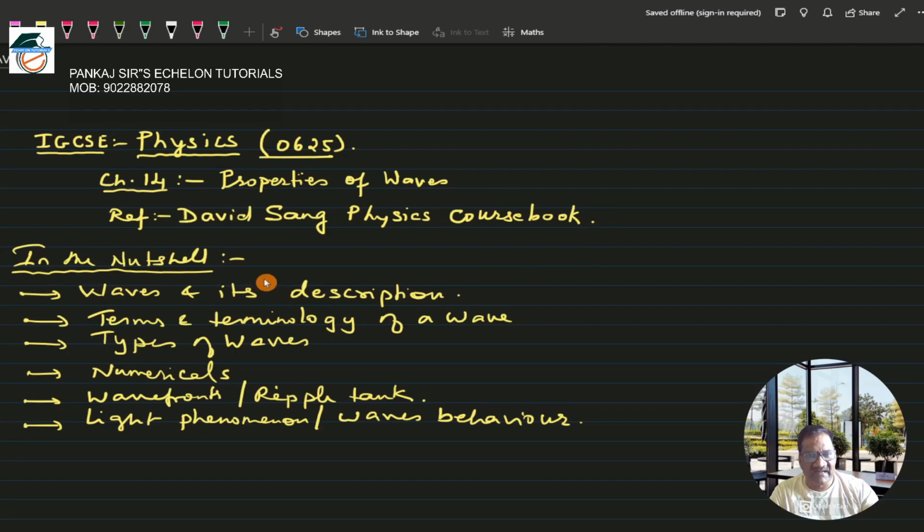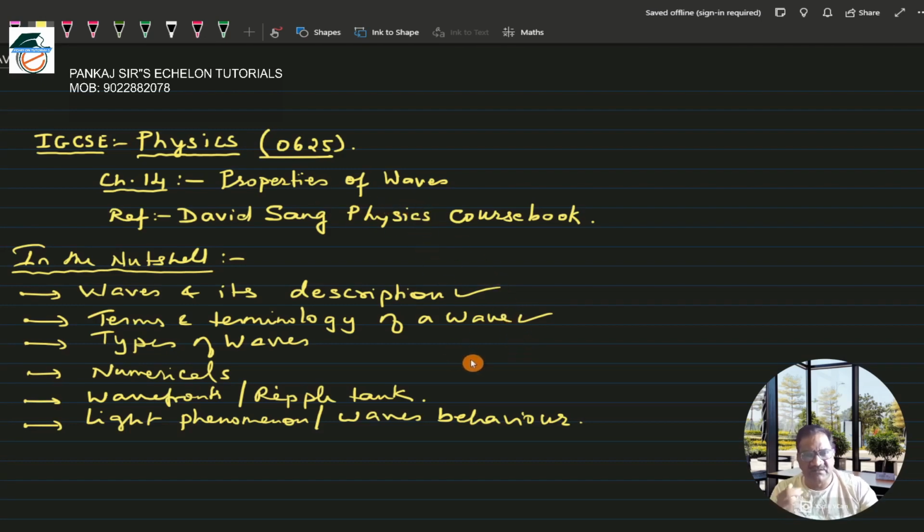In a nutshell, these were the points which I had discussed last time. Out of these points, the wave and its description, and the terms and terminology of the wave, I have already discussed in the previous video. So this is a continuation of that previous video. This is video number 2 of properties of waves.